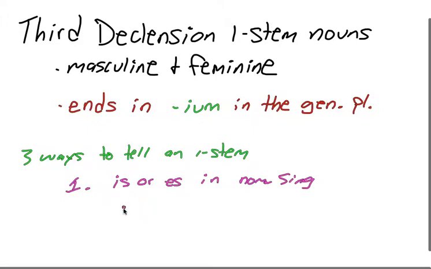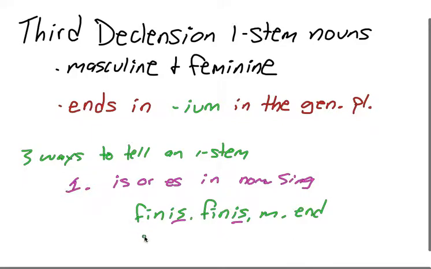I'm going to give you a couple of examples. Like finis, which is masculine, and it means end, like we get the word final from it. Since it ends in is in the nominative singular, that means that it is an I-stem.